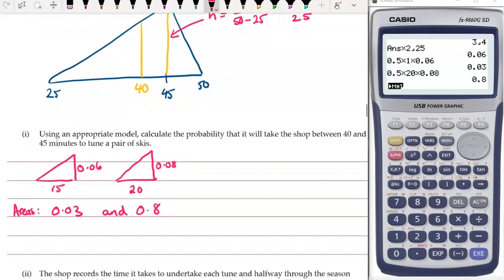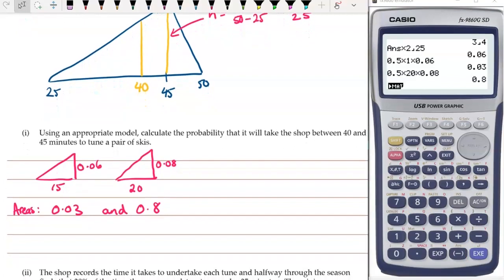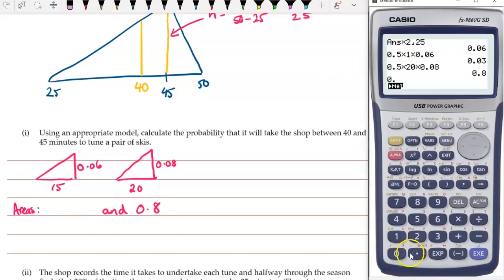So we need the difference between them, which that's not feeling right to me. I've just gone back and checked. You can see I didn't quite type in the whole of what I should have on the calculation of the first area. So let's just go fix that up. We need to have 0.5 times 15 times 0.06.